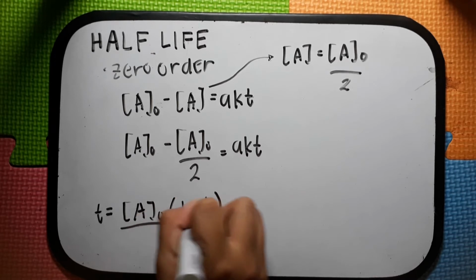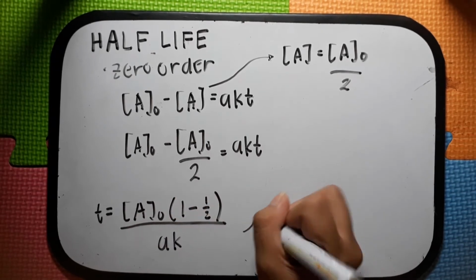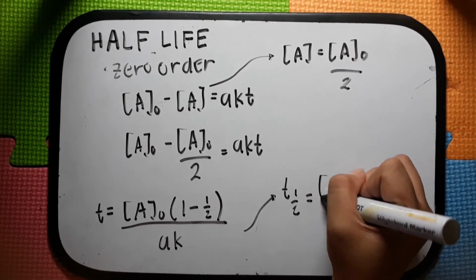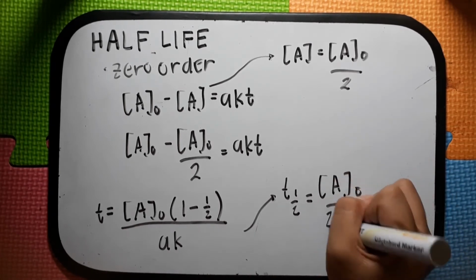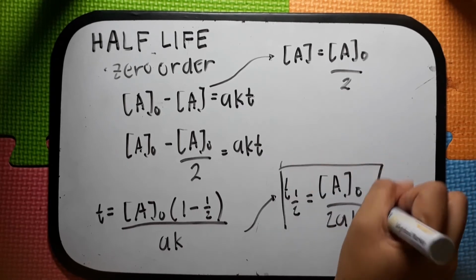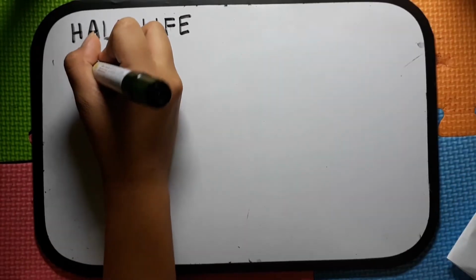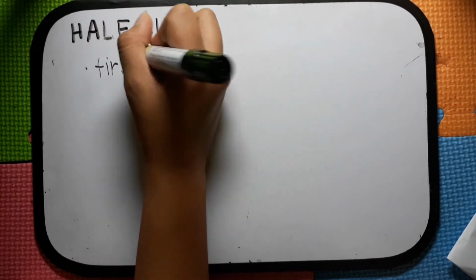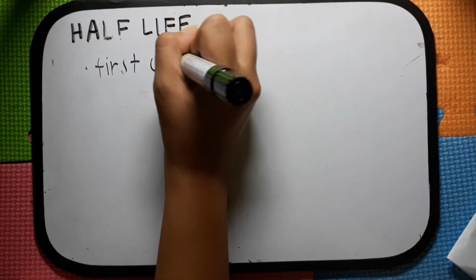Simplifying, we'll get the equation of the half-life in zero order, which is initial concentration over twice the product of rate constant and coefficient is equal to half-life. We'll use the same derivation method for the half-life of first and second order.